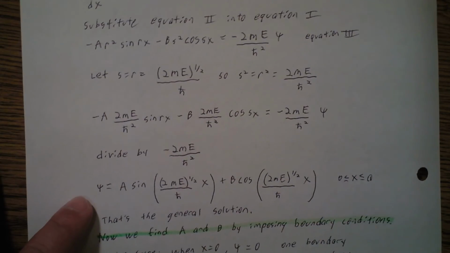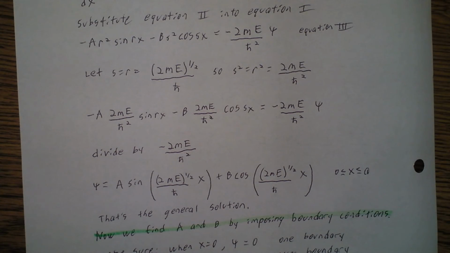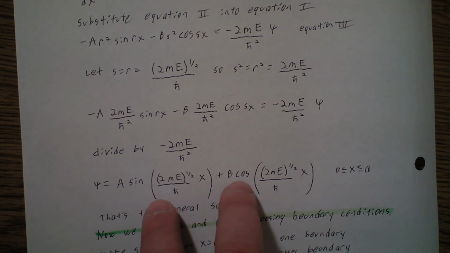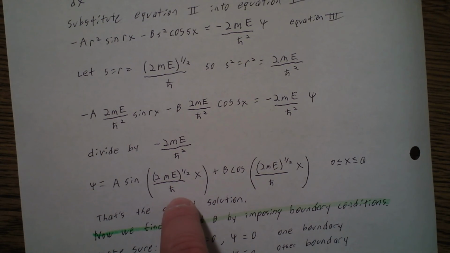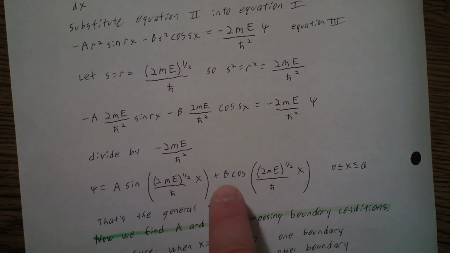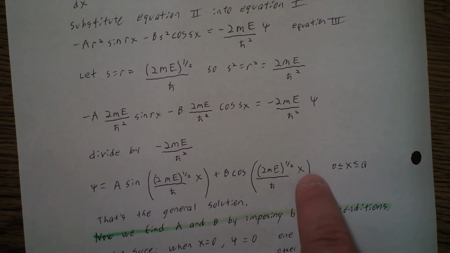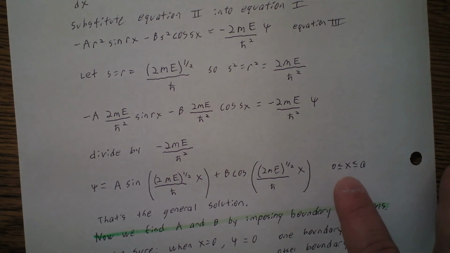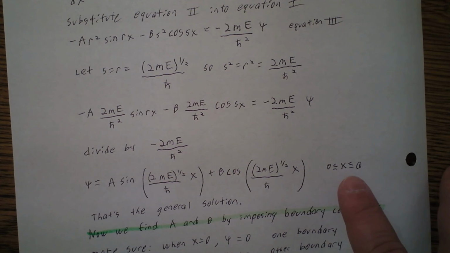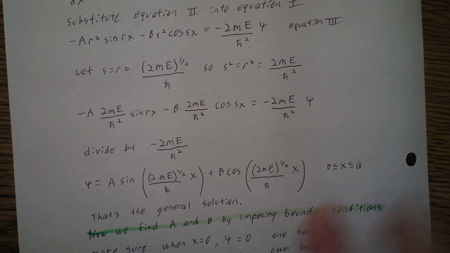So we just end up with psi is equal to a sine of the square root of 2mE over h bar times x, plus b times cosine of the square root of 2mE over h bar x. And this is only valid for 0 is less than or equal to x is less than or equal to a.